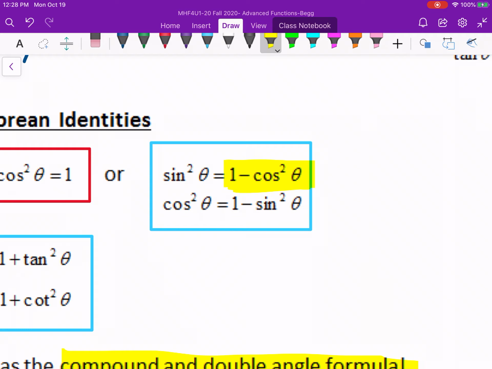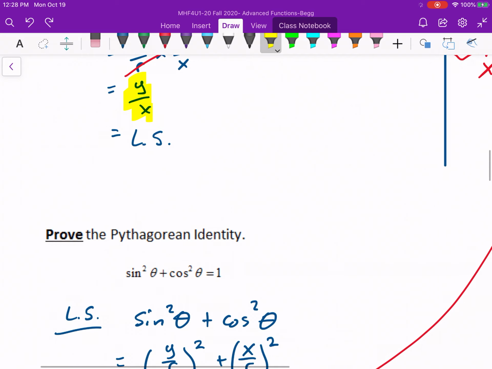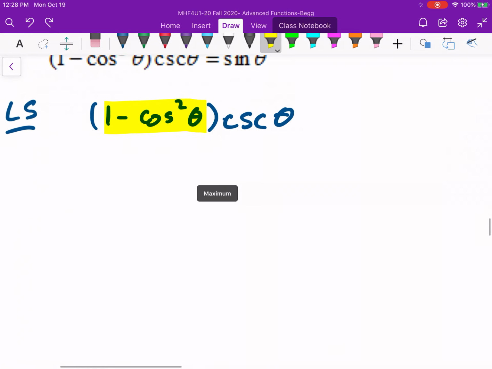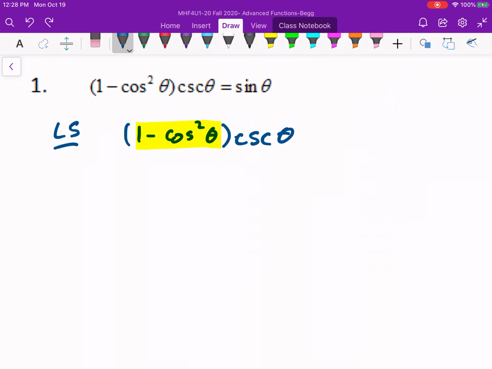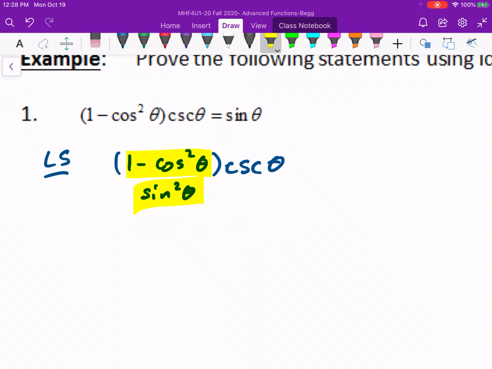Well, it turns out that 1 minus cos squared theta is just equal to sine squared theta, so I can do a replacement there. And cosecant is a reciprocal, the reciprocal of sine, so I know that cosecant is the same as 1 over sine theta, so I can replace that there.